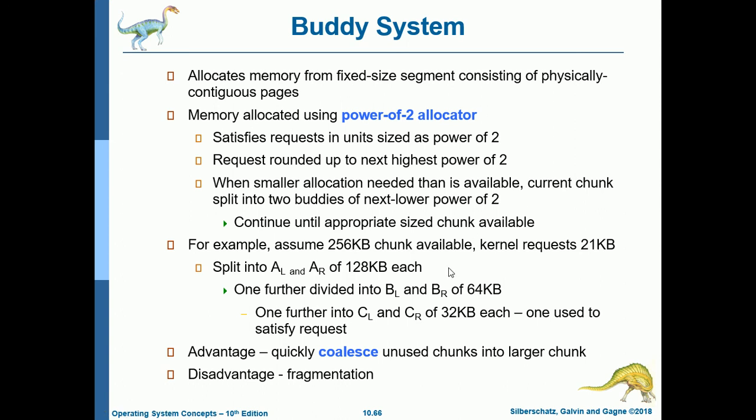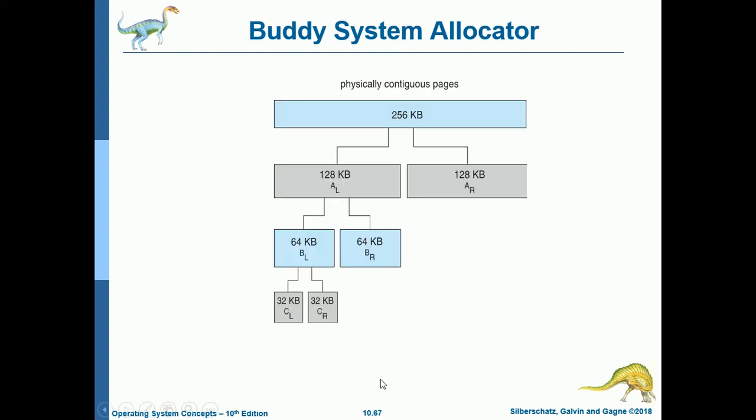The advantage is that you can quickly coalesce unused chunks into larger chunks, meaning you can quickly combine them because this is the buddy system. For example, if the kernel requests a small value, you just need to divide by 2. The disadvantage, of course, is fragmentation. This is our example for the buddy system allocator.